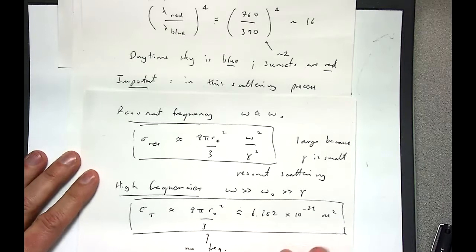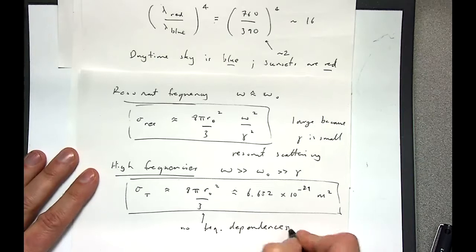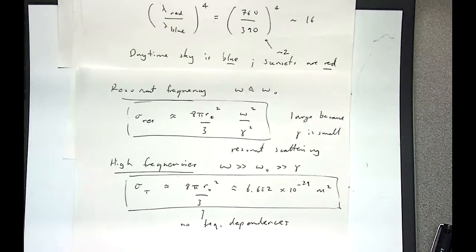Okay, so it doesn't matter what the incident frequency is, the effective size of the electrons is the same. And that's because as the radiation passes over the atoms, the electrons are being moved backwards and forwards more rapidly than any restoring force or any damping can act upon them.